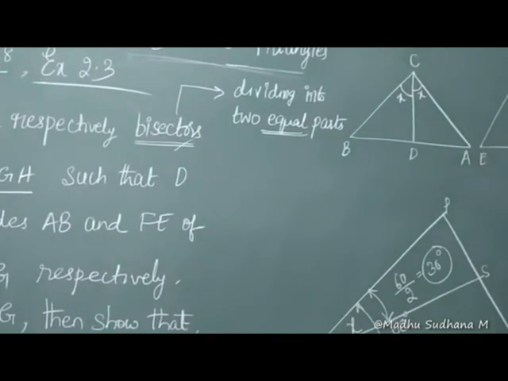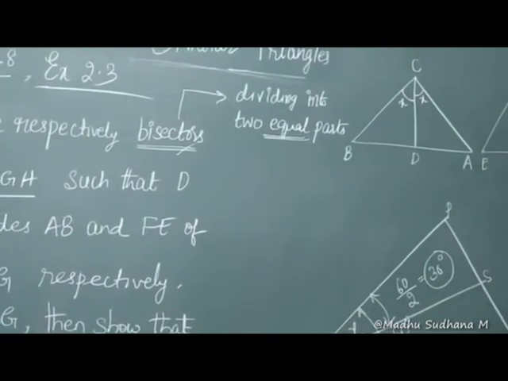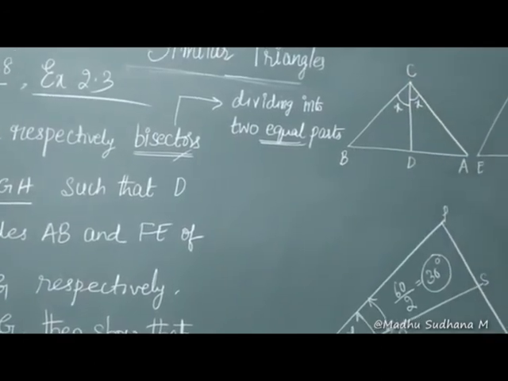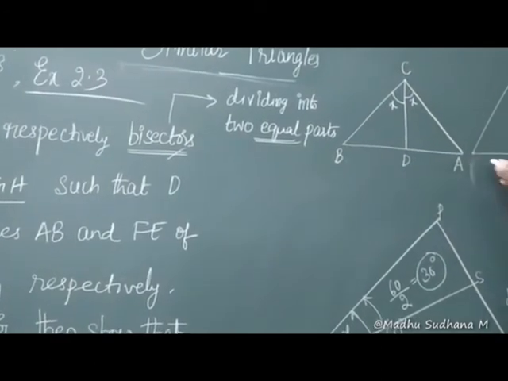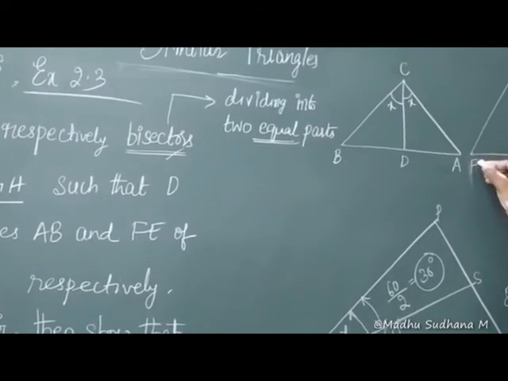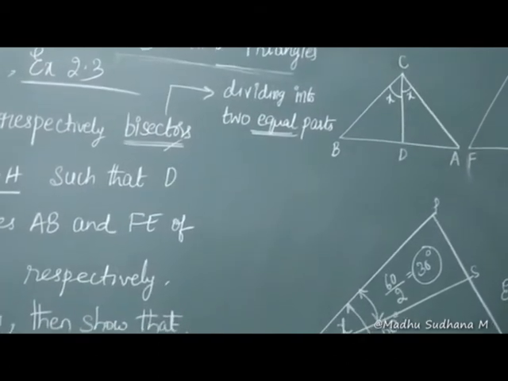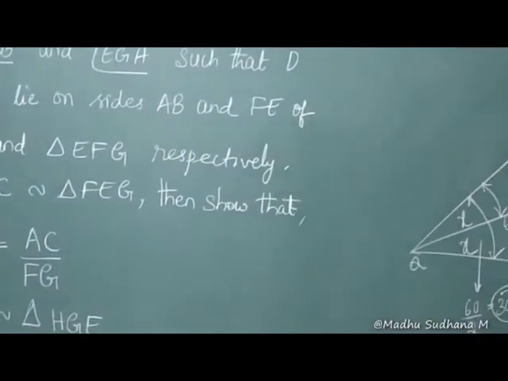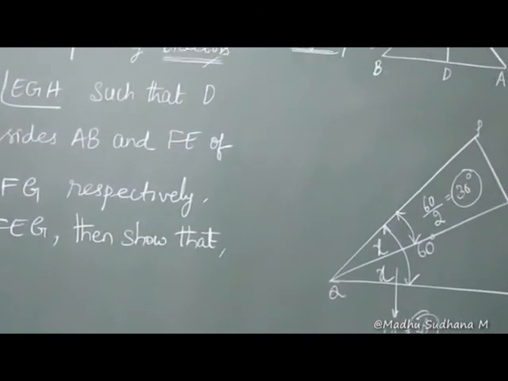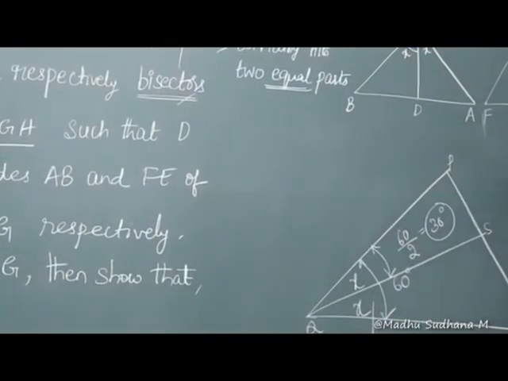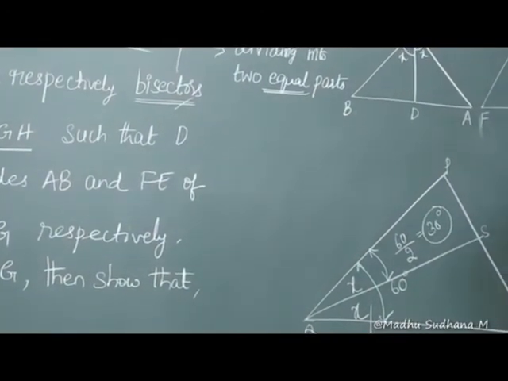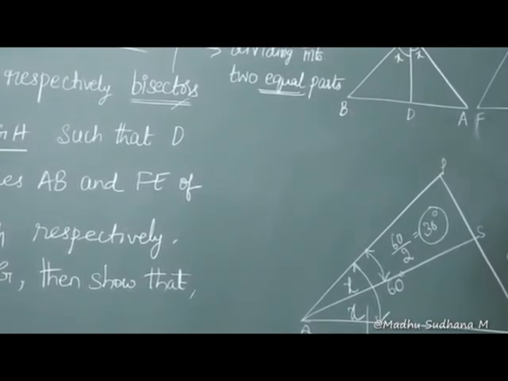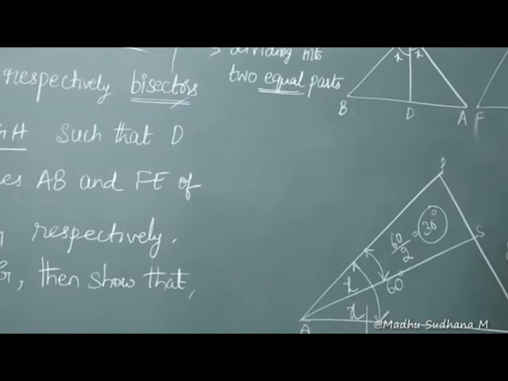So let me write, this is E here and this is my F here, and that is point G here. H lies on the side EF. So which is GH, right? So let me write, this is the GH bisector, and these are equal. So let me call this Y and this Y.